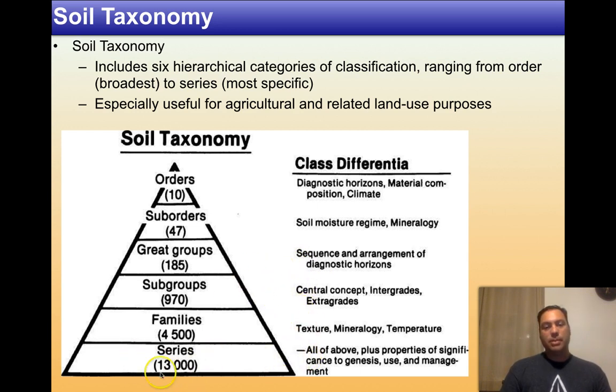And so ultimately you can get to a series, and that means you have about 13,000 different soils that have been categorized just so far. And probably by the time the human species is done categorizing soils, we'll find 5-6 times that. Who knows? It depends on how much we want to split that argument up.